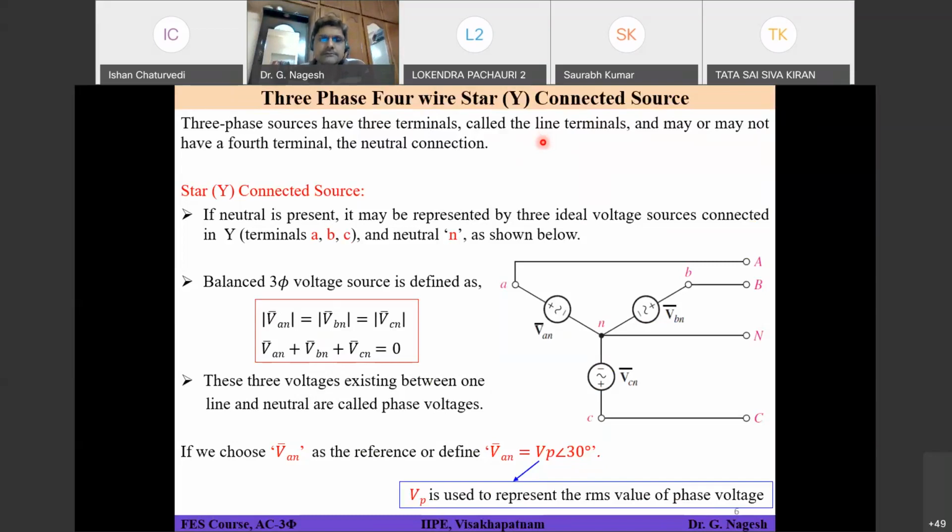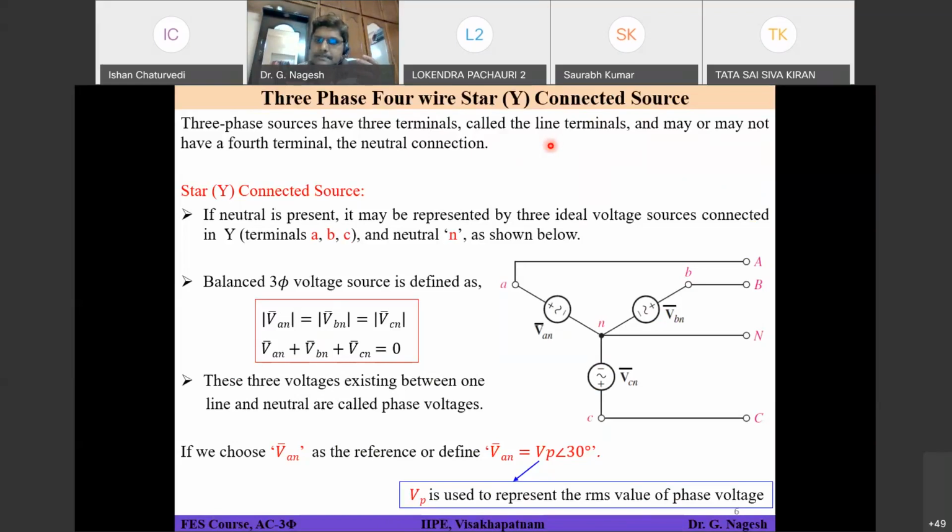Hello, sir. Sir, can it be V with subscript A, B, C? No, we can't say like that. You mean three subscripts, V, A, B, C?